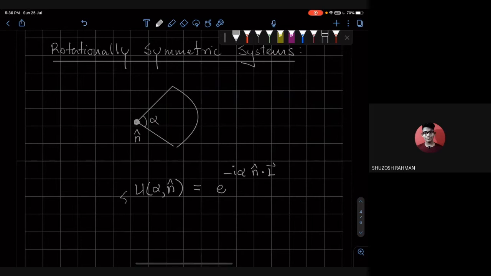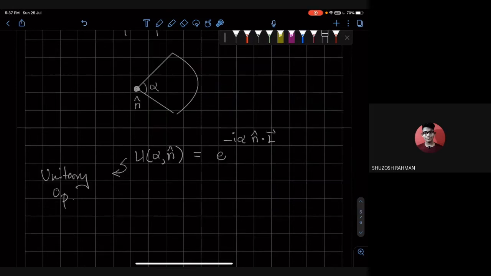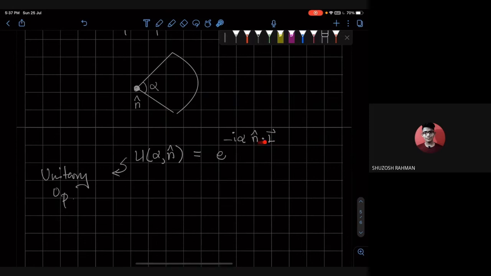So this is a unitary operator. If this is a unitary operator, what does that imply for this operator, n dot L? What kind of operator is this, if this is going to be unitary?